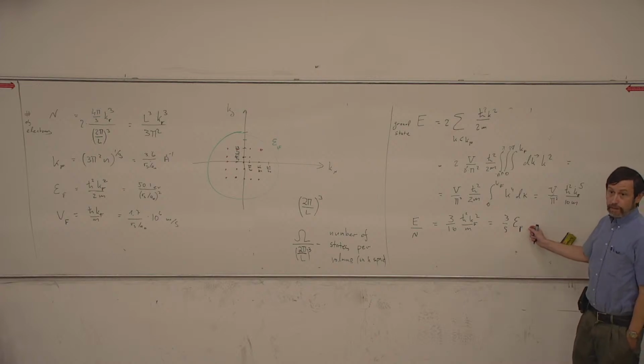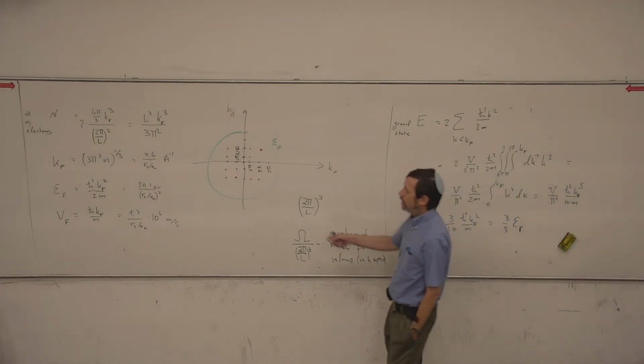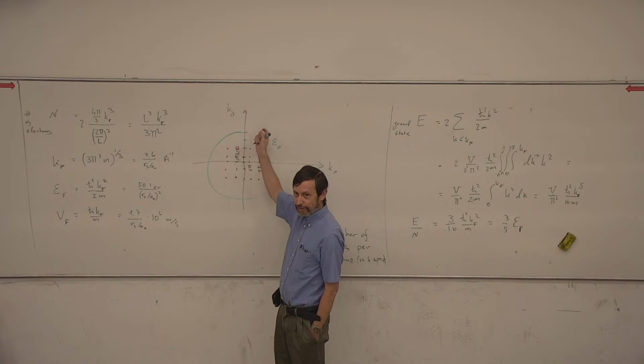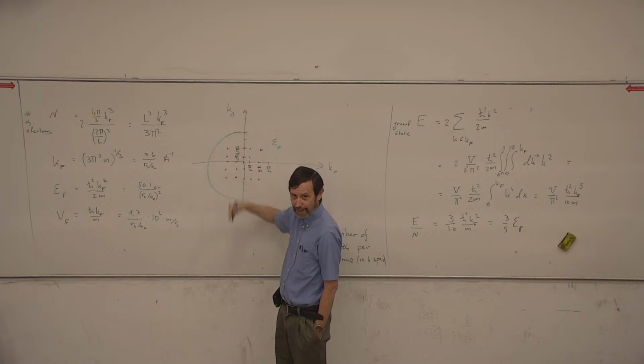Okay, and this intuitively makes some sense. We have guys here with a small energy, we have here guys with a larger energy. We have more states close to the boundaries than in the middle, therefore it's not half E for me, it's a higher proportion.